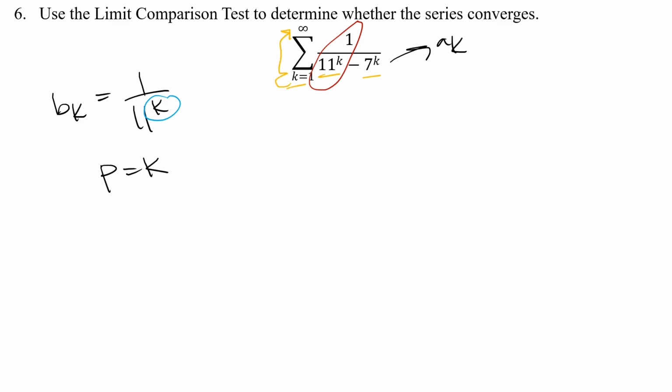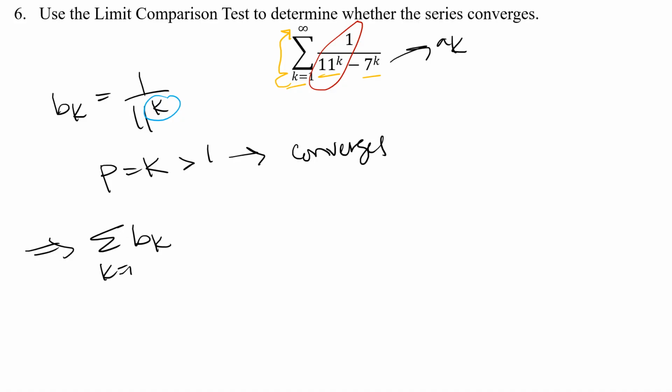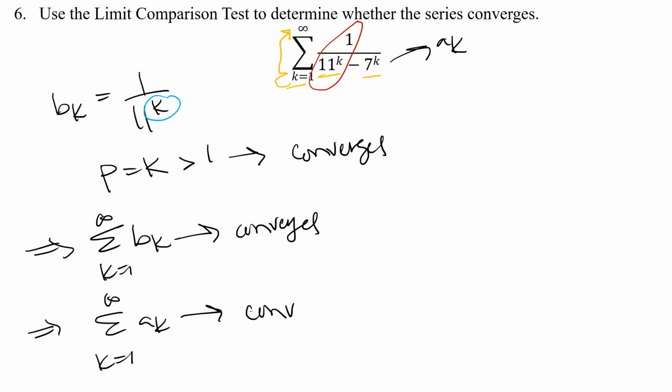So therefore our k is indeed bigger than 1. Based off the p series, our b sub k converges. So the summation of our bk's, k goes from 1 to infinity, converges. And so we can say that based on that comparison test, so does our series for our a sub k.